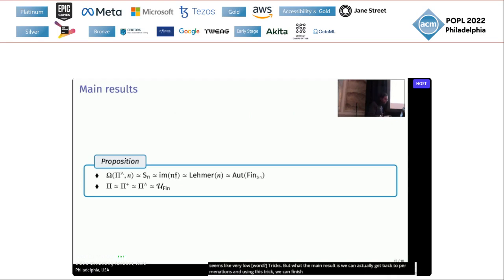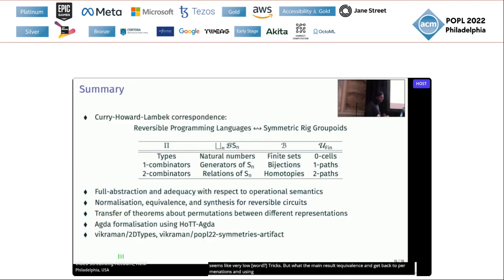Okay, so this is the main result, and what are the implications of this result? Well, the first thing is that we've produced a correspondence between a syntactic thing, which is this language of combinators, and a semantic thing, which is this groupoid of finite sets and bijections.